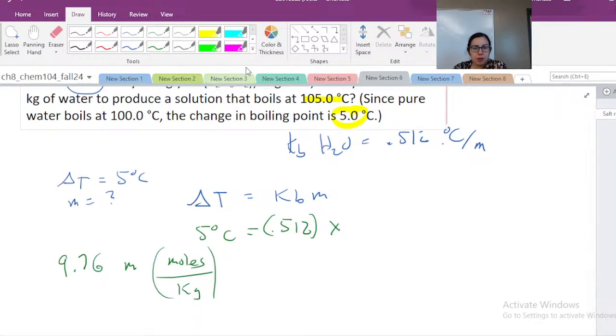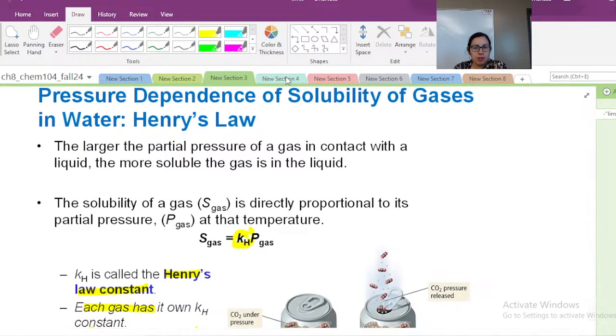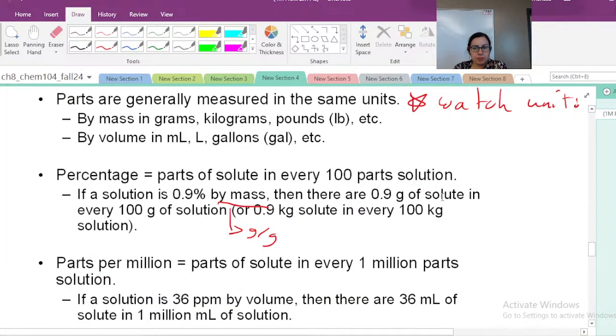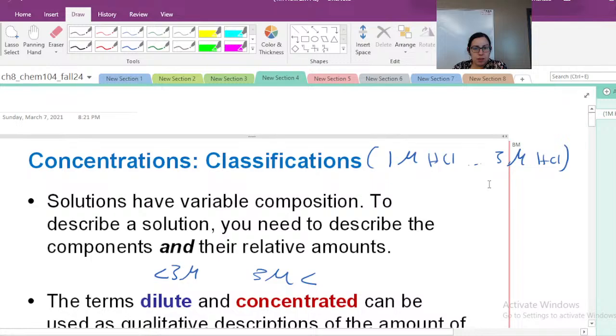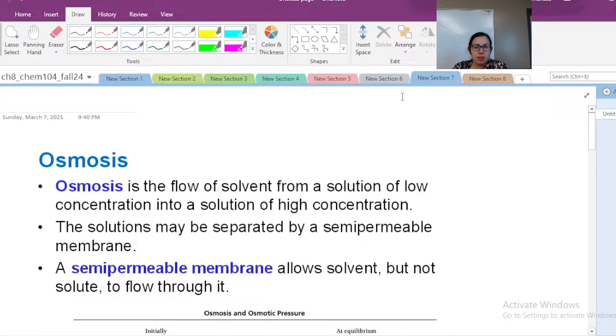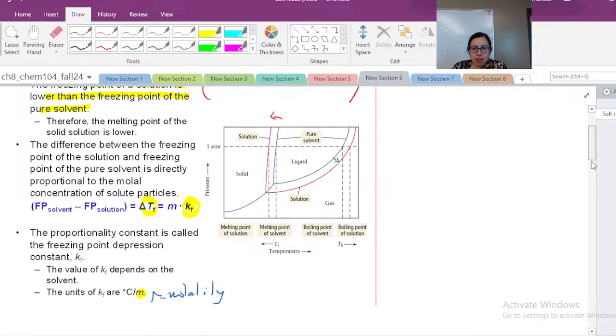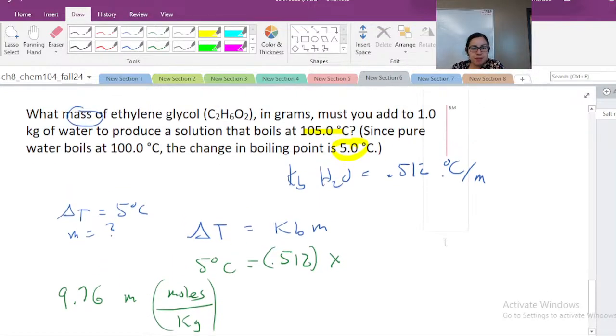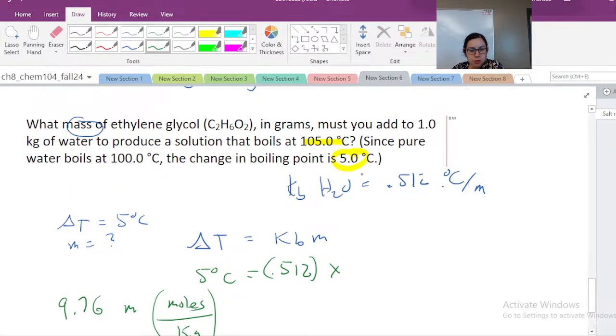So you can always go back. Where was it? So right, this page is good to have handy for your notes. Okay, molality, moles, kilograms. All right. And so now that we have our molality, now we can figure the rest of this out.